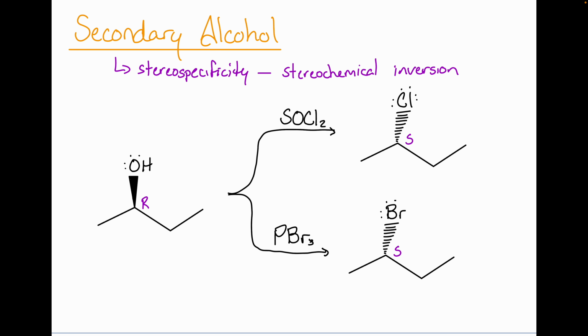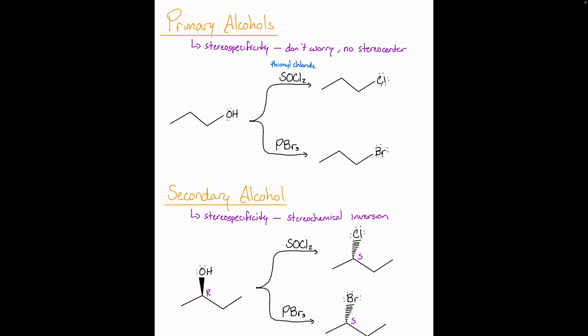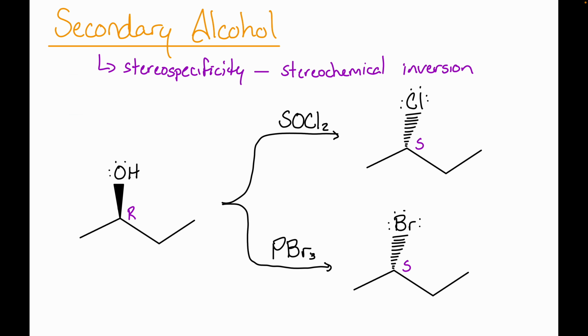But if we have a secondary alcohol, all of a sudden we can have this stereocenter here, and this reaction is stereospecific, leading to a stereochemical inversion here. Our flipping of our wedged bond to our dashed bond. Right? So to be clear, our hydroxyl group was pointed out of the page at us. When that new chlorine bond forms, now it's pointed in the opposite direction. It's pointed into the page.